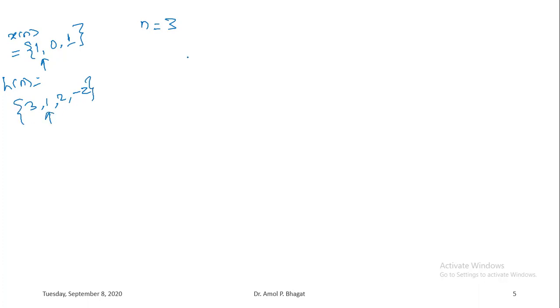So for n equals 3, again I will write y of 3 is equal to the summation over k from minus infinity to infinity of x of k into h of 3 minus k.